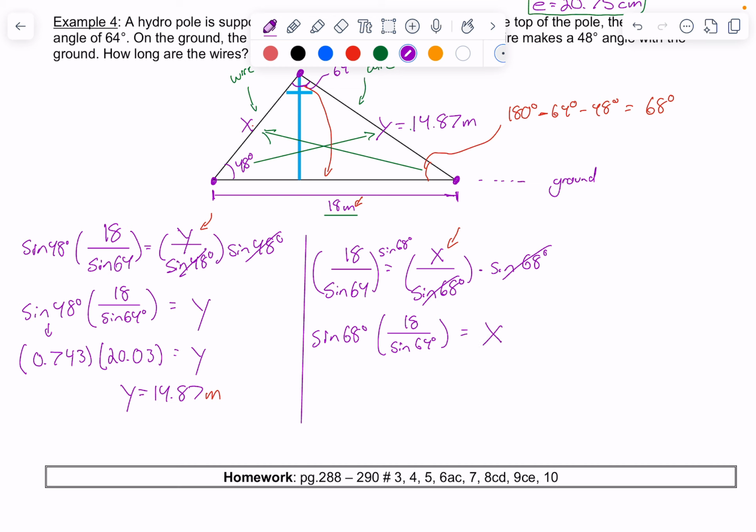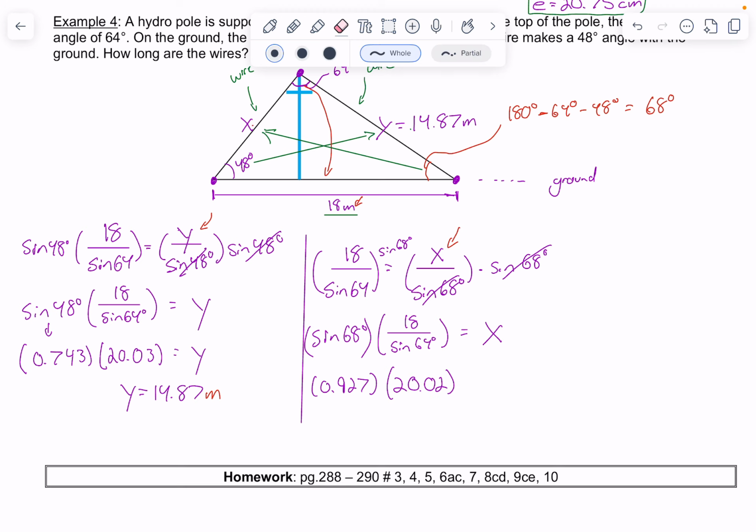Calculator again. Sine 68, this bracket gives you 0.927, and 18 divided by sine 64 gives you 20.03, which is multiplied by 0.927.